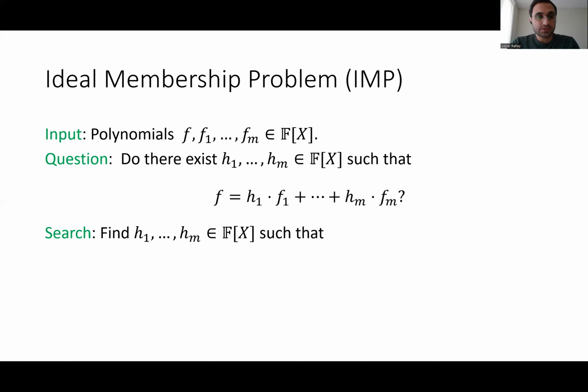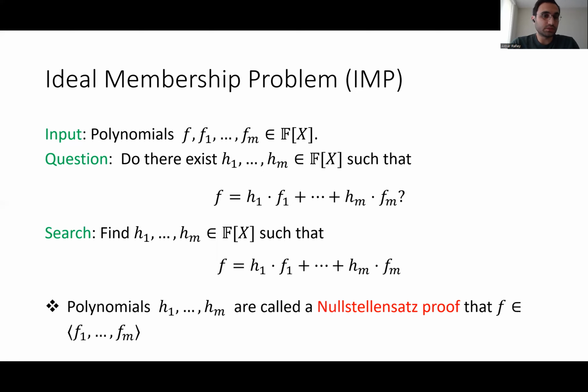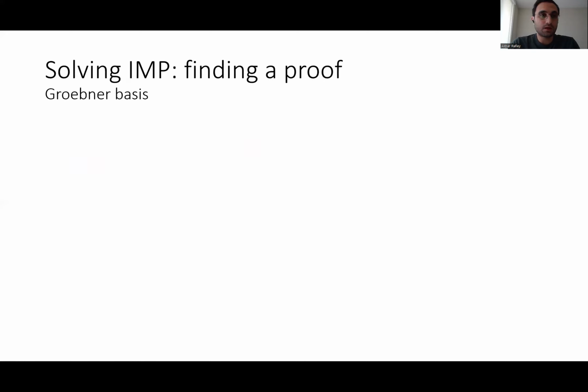The search version, of course, is to find these polynomials h1 to hm such that the equality holds. In proof complexity, people call this type of proof a Nullstellensatz proof of membership, or throughout this talk, we just call them membership proofs.